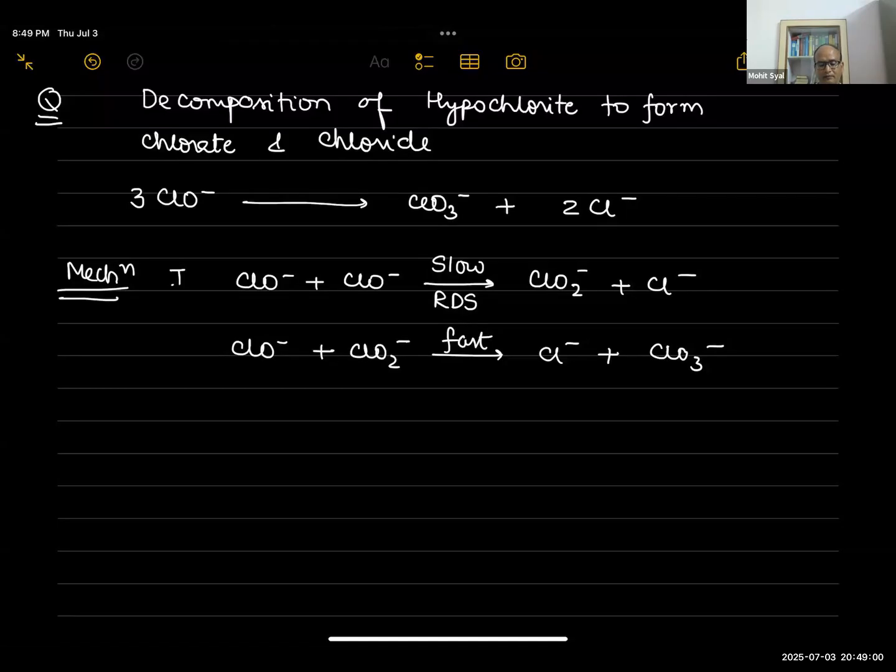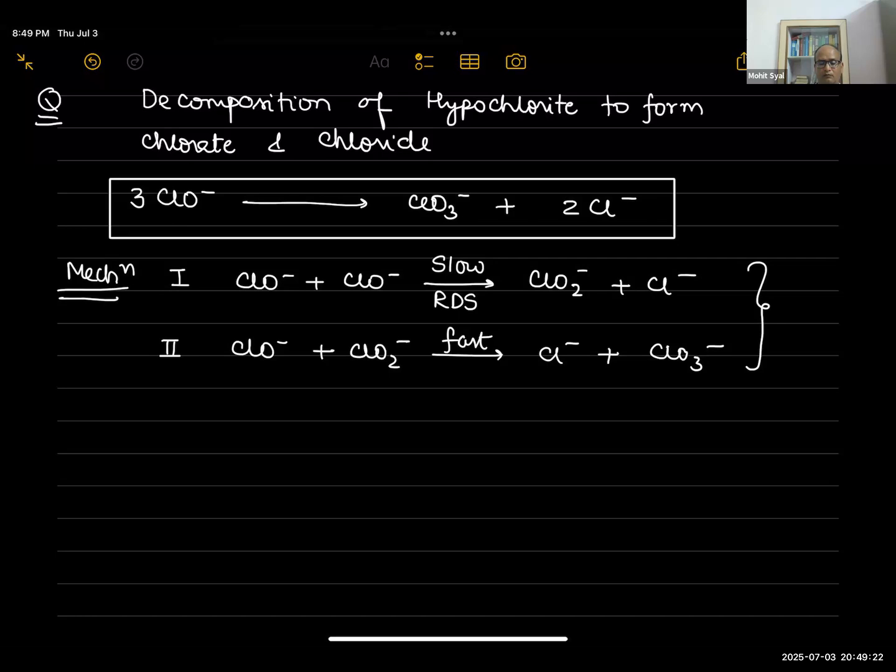So these are the two steps. So what is the rate law? I will give you options.